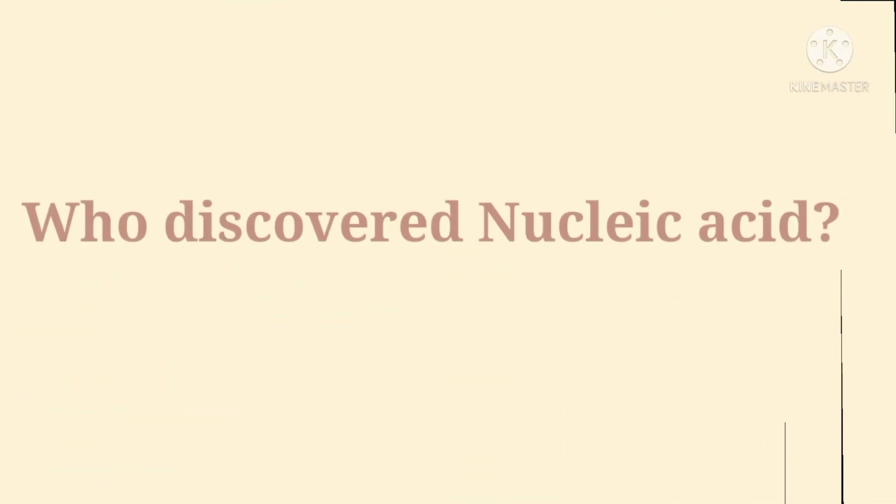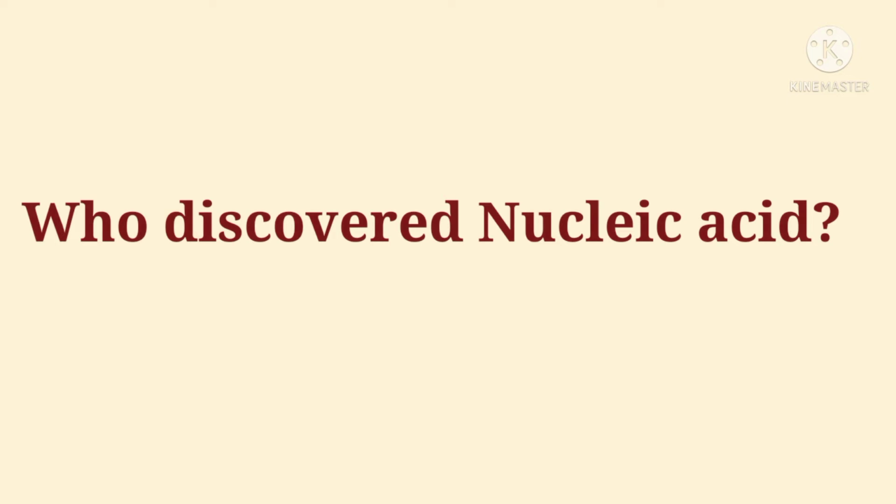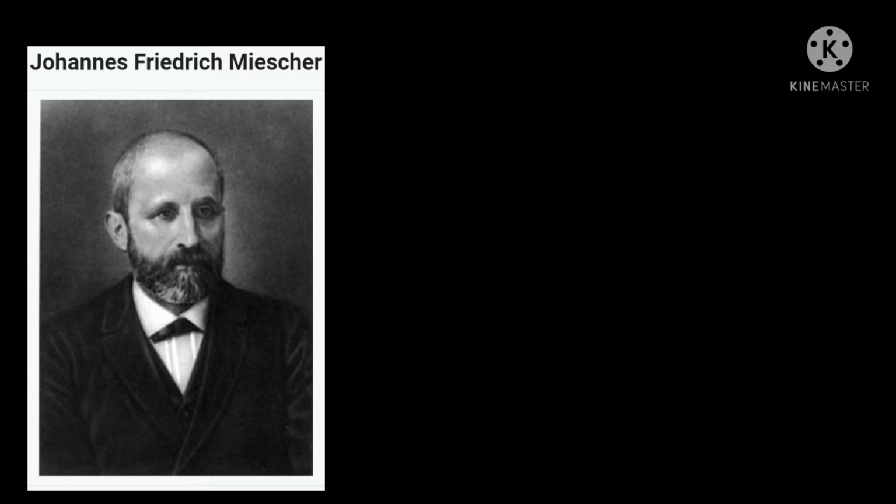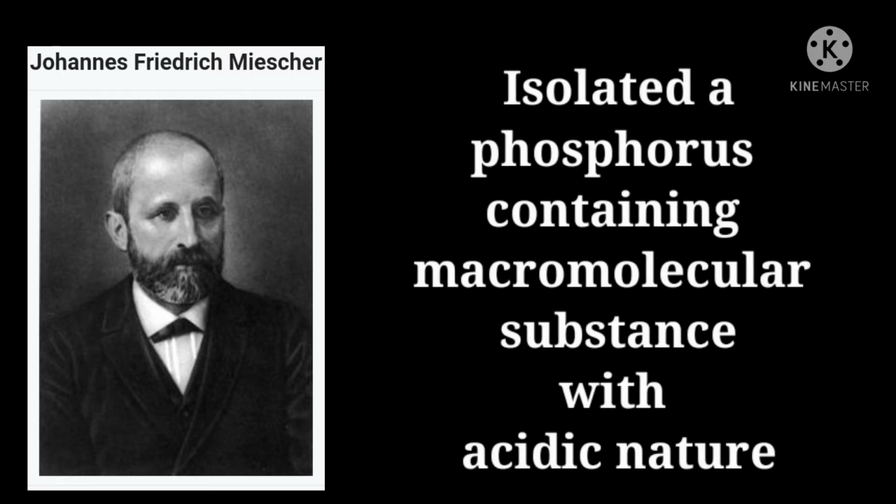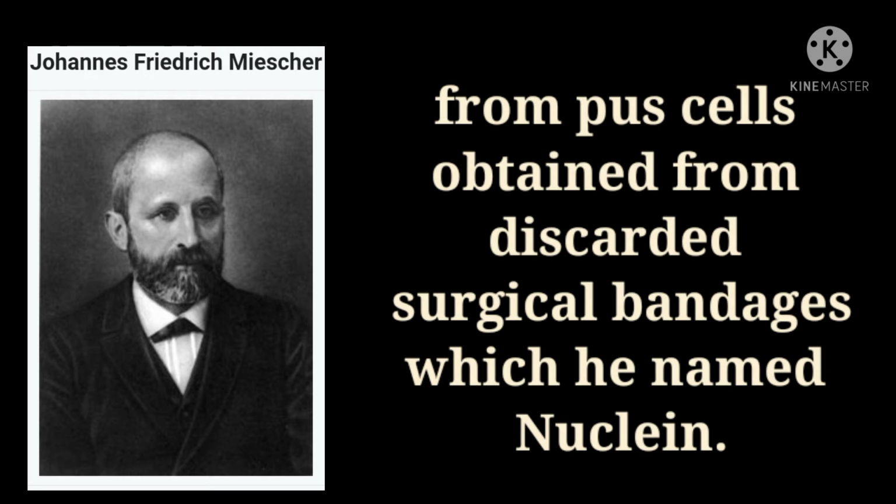Next, we are going to see who discovered nucleic acid. In 1868, Friedrich Miescher isolated a phosphorus-containing macromolecular substance with acidic nature from pus cells obtained from discarded surgical bandages, which he named nuclein.